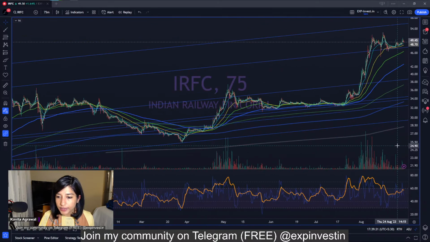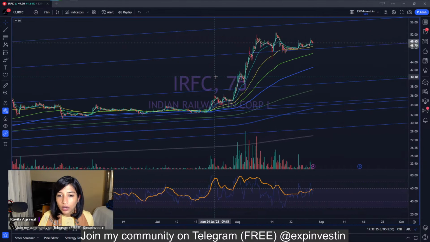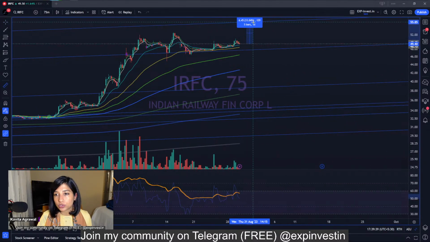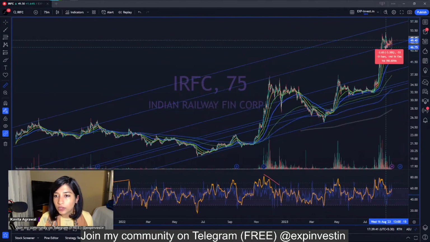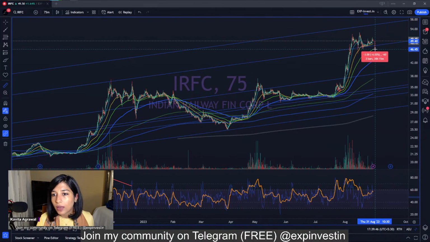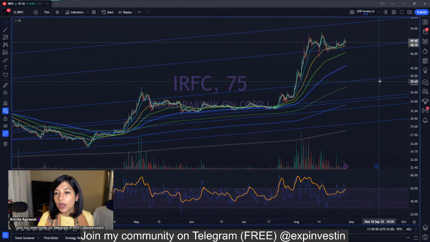Well, it still does look kind of strong. So if you want to make a long position, I think you can make one for 10-15% upside, but you should maintain a stop loss somewhere around the level of 46.